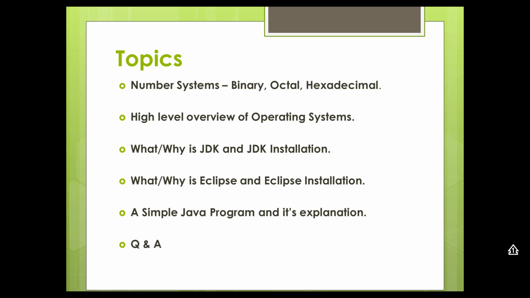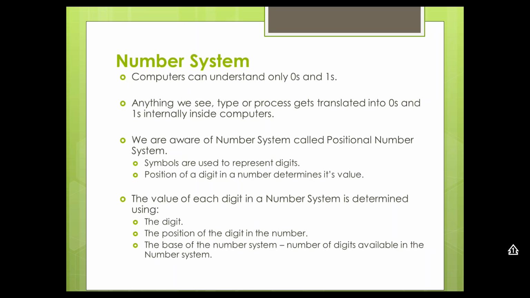We'll get started with the number system. We know from our previous session that computers can understand only zeros and ones, because they are made up of electronic components called transistors, which have only two states, 0 or 1, that is, on or off.